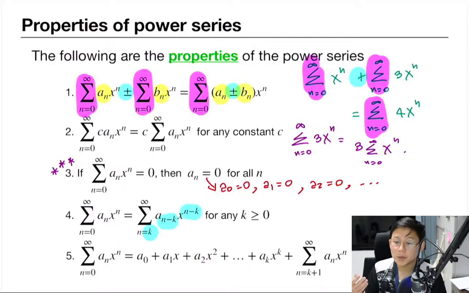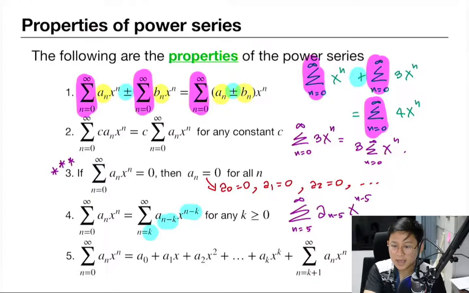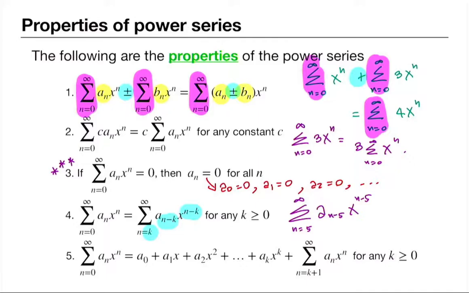For example, if k is 5, let me write it here. Summation n from 5 to infinity, you need to take a n minus 5 x to the n minus 5, and that is going to be the same as summation n from 0 to infinity an x to the n.